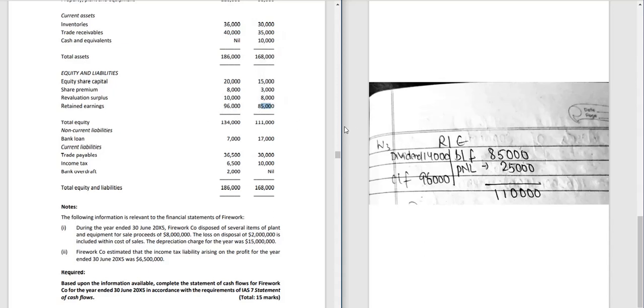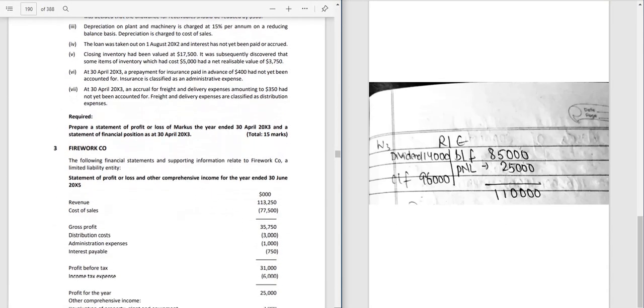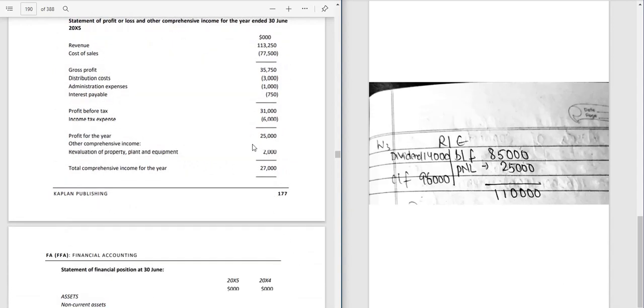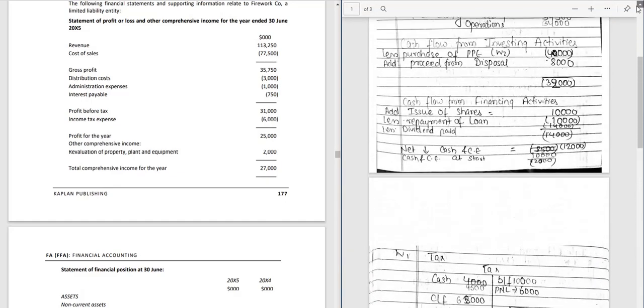And in profit and loss we are having the profit for the year, that is 25,000. So we will add 25,000 here. We will get total 110,000 and subtract 96,000 from this amount. We will get the dividend. How much dividend have we paid in this year? That is 14,000. So we will subtract 14,000 in the cash flow from the financing activity.